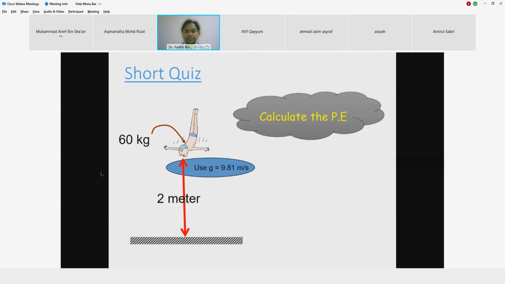Before you calculate the value of potential energy, please make sure the units are in SI units.